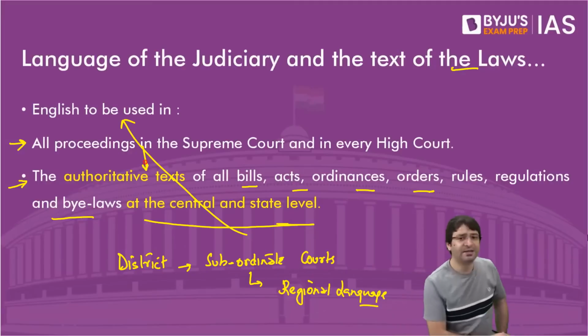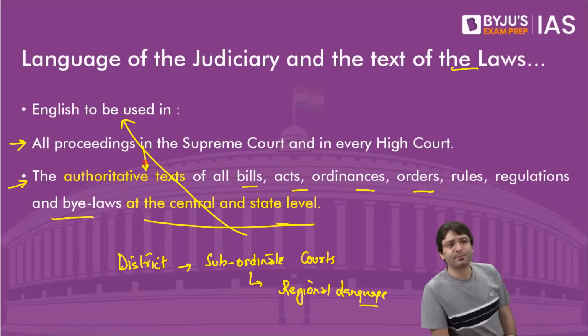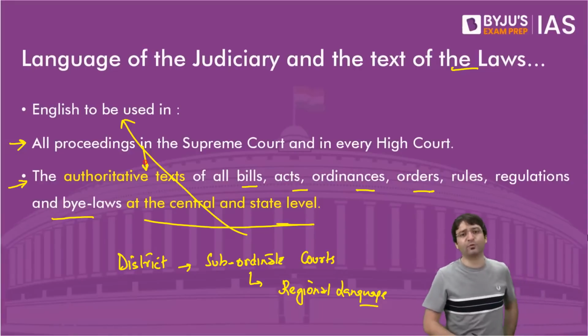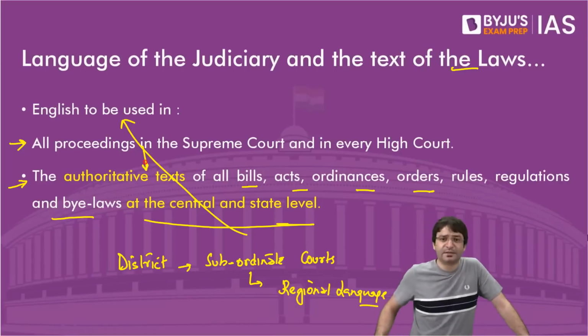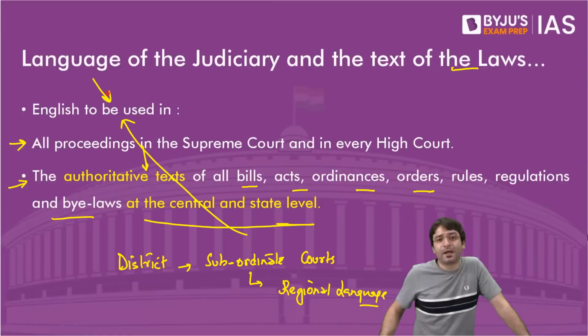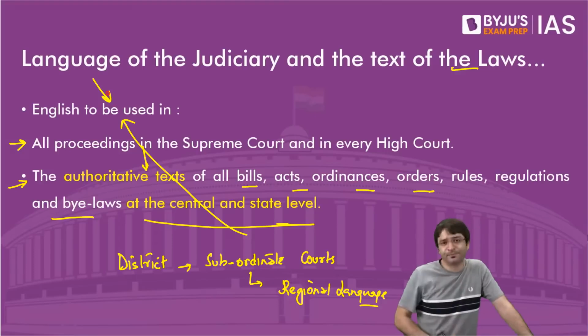Similarly, there has been an instance where an individual filed a habeas corpus petition in Hindi. This matter reached the Supreme Court. The Supreme Court rejected this petition, saying we use English only and not Hindi in the communication. So in the superior judiciary, which is the high courts and the Supreme Court, only English is used.